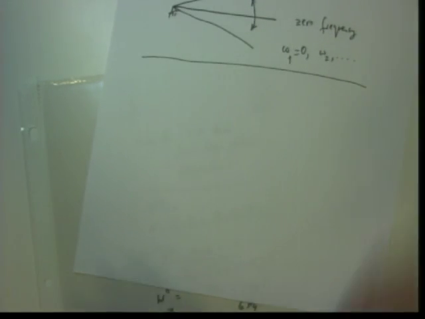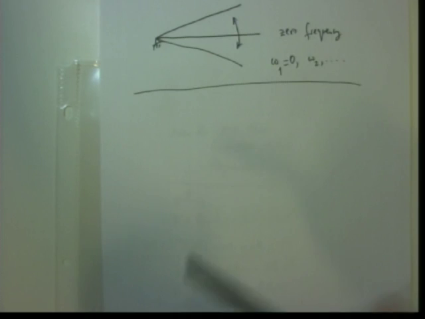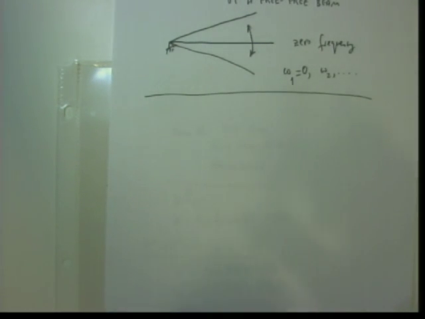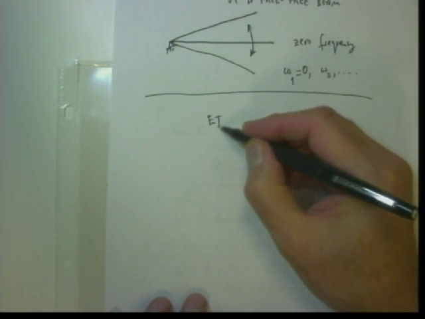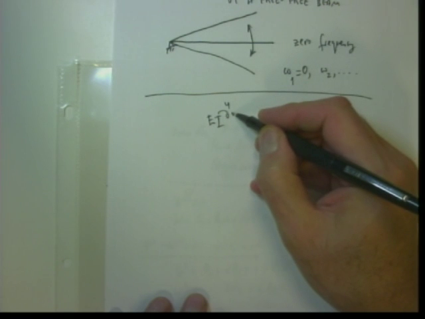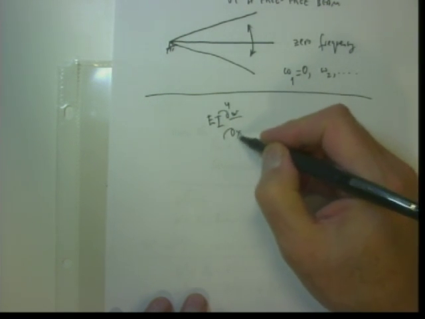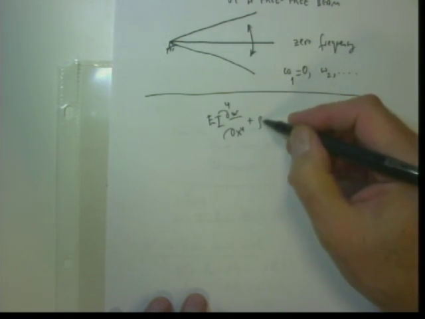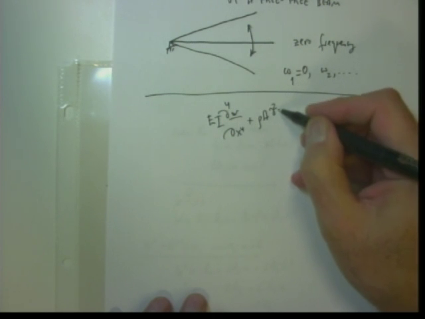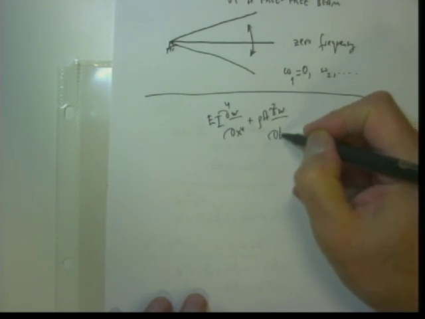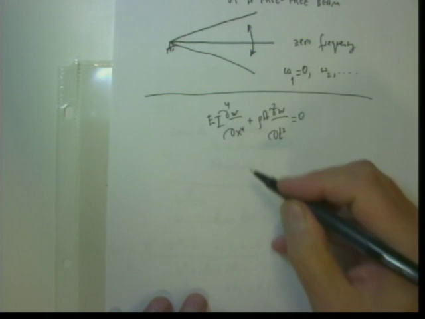Now, zero natural frequency actually means that, look please, we have this governing differential equation: EI d4w/dx4 plus rho A d2w/dt2, this equals 0.